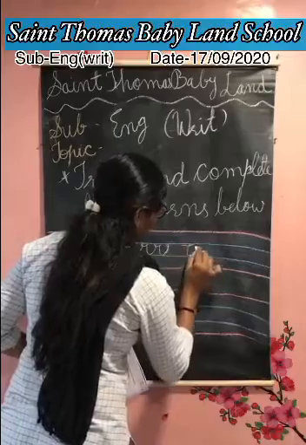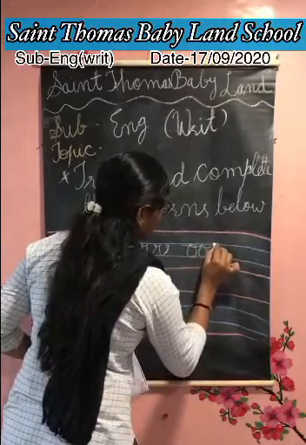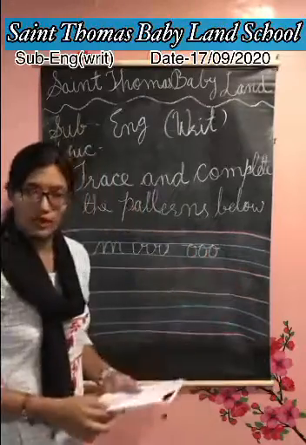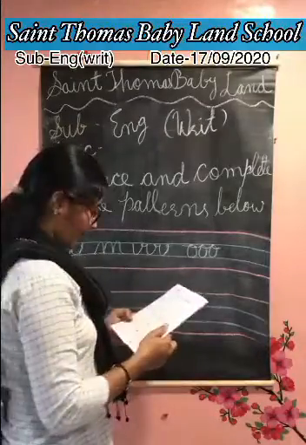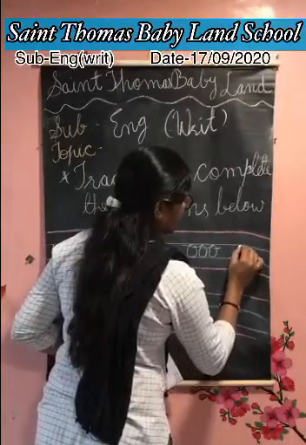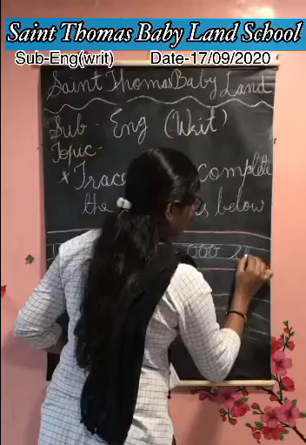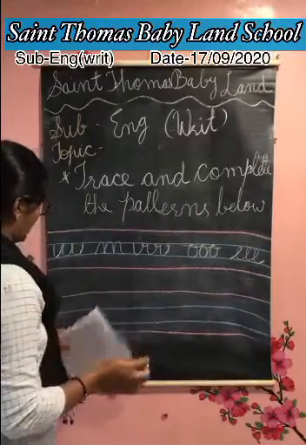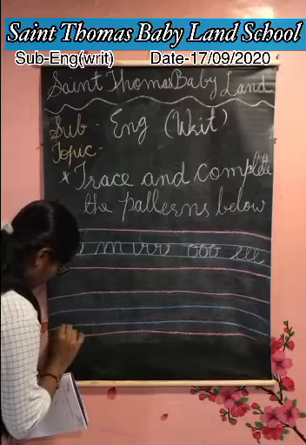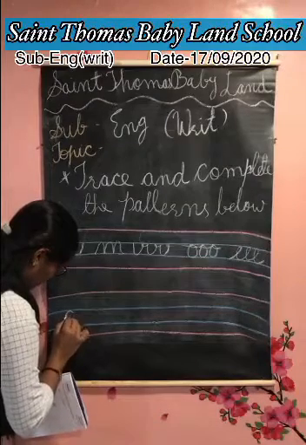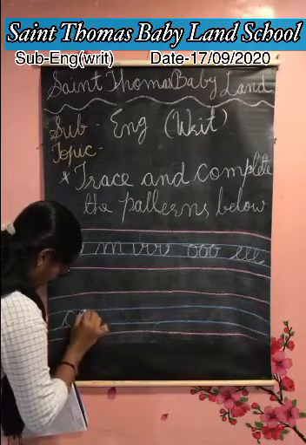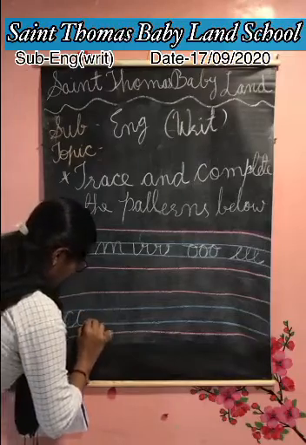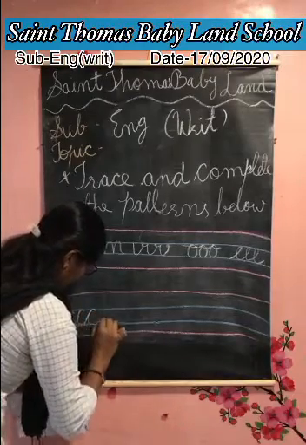These all patterns you have to write in only 2 lines. Blue line to blue line. Start with a second blue line to blue line. Next, start with a blue line. Go up, small curves. Go up, small curves, and go up and curves.